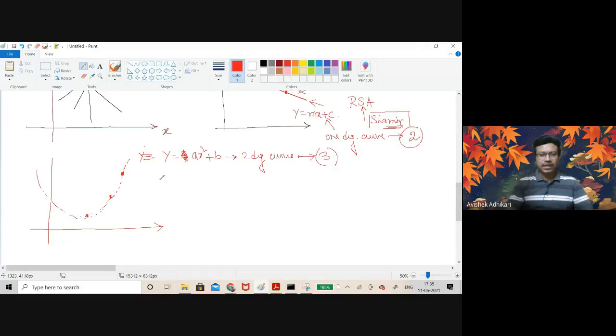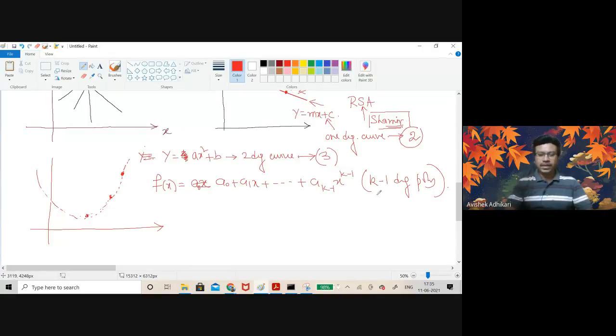So in general, if you have a polynomial a0 plus a1x plus up to a k minus 1 x to the power k minus 1, it's a k minus 1 degree polynomial.